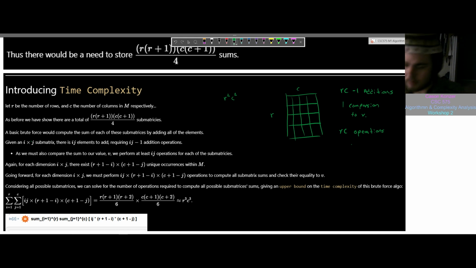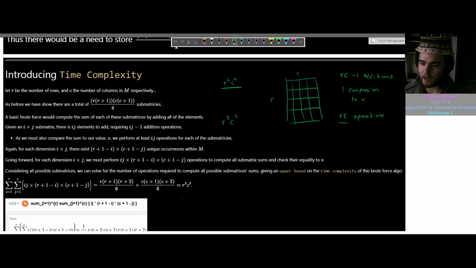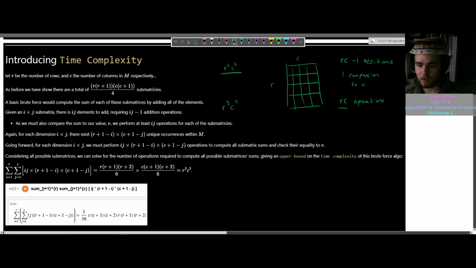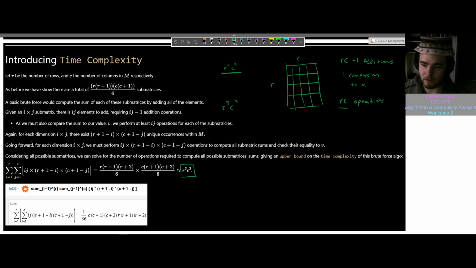So this is the brute force case, and if you say you need to do rc operations for r squared, c squared submatrices, then you need to do r cubed, c cubed operations. I have here a more formal derivation of this, but I think the interpretation I just explained is the most intuitive and also straightforward to follow.